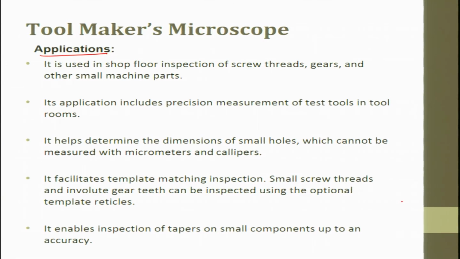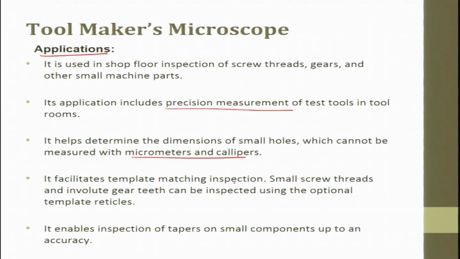What are the applications? It is used in shop floor inspection of screw thread, gear and other small machine parts. Its application includes precision measurement of tools in tool room. It helps to determine the dimensions of small holes where micrometer cannot be used. It facilitates template matching inspection.